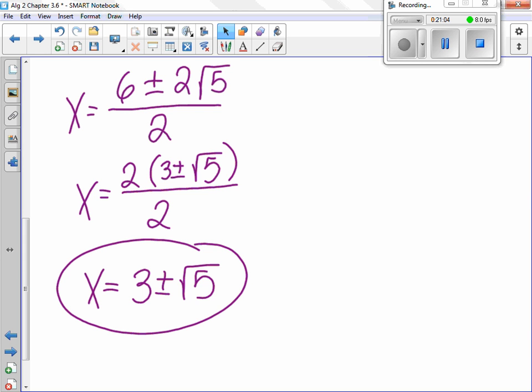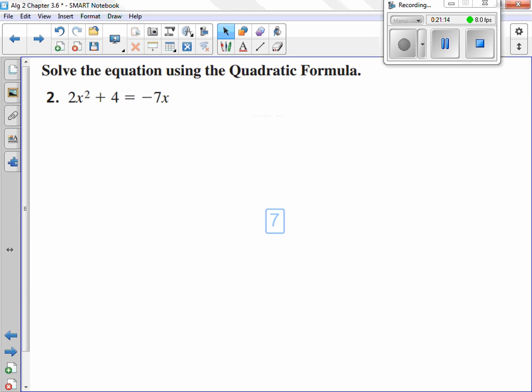Any questions on any of this here? How do we feel about these quadratics? Okay, so looking at this one here, what is our first step?